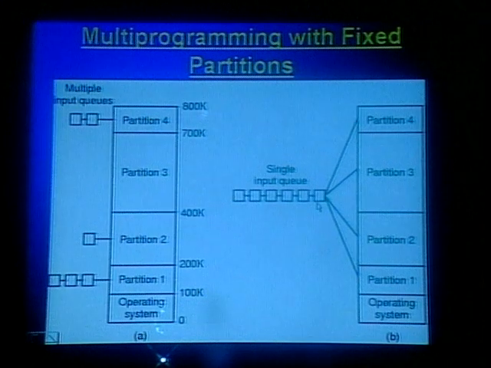What we can do is that if there is a small job, we put that small job in the wait state. In principle, that will not be correct, because the smaller jobs are required to be given better service instead of being put on hold. What is the solution to that? Whenever there is a likelihood that a smaller job will end up in a larger partition, we hold that job and give that job some points.